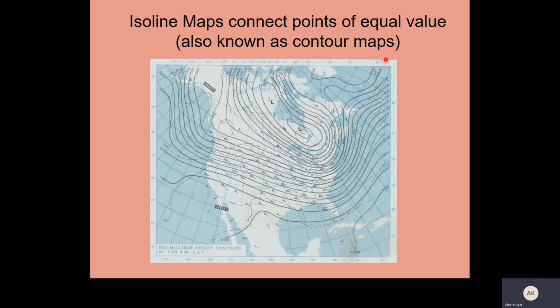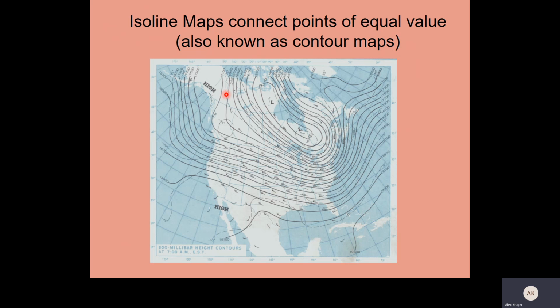Contour maps are definitely more popular than isoline maps. I probably shouldn't have even called them isoline maps because that's just confusing. So contour maps connect points of equal value. Basically what it is showing you is where there's more lines, there's more elevation, and where there's more space, everything's flat.